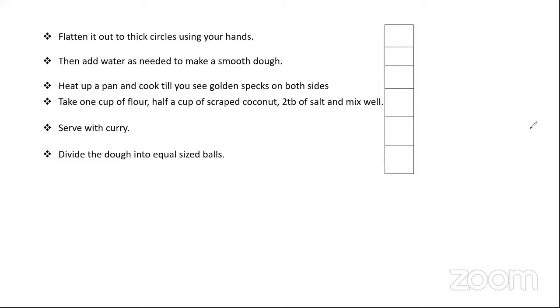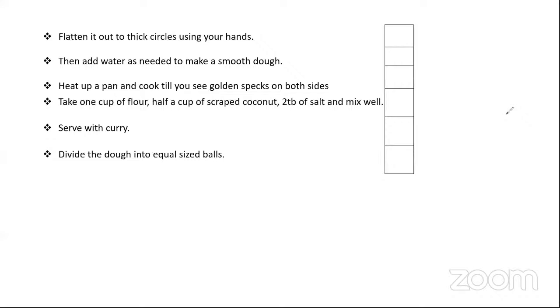Next one. Then add water as needed to make a smooth dough. Now, in this sentence, there are some words you know. Just think about the word and try to remember this picture. Then put the number.